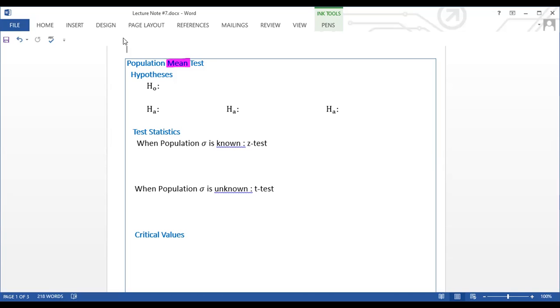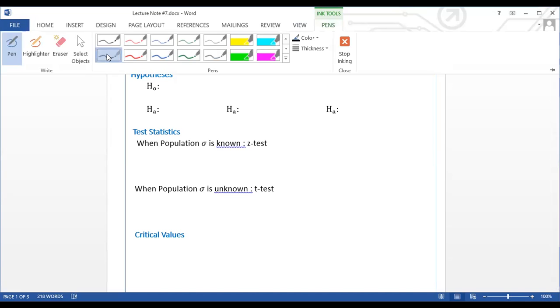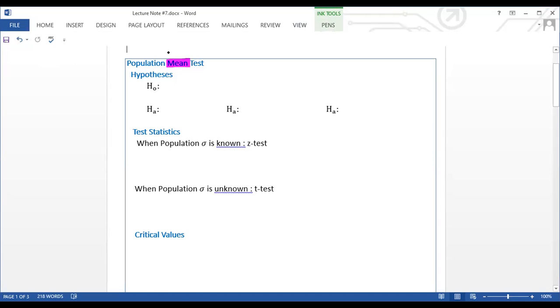So now, instead of proportions, we are talking about population means. The population mean uses a Greek letter that looks like a u, but we pronounce it mu.